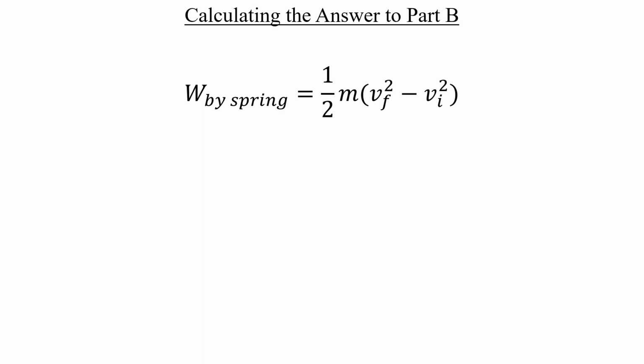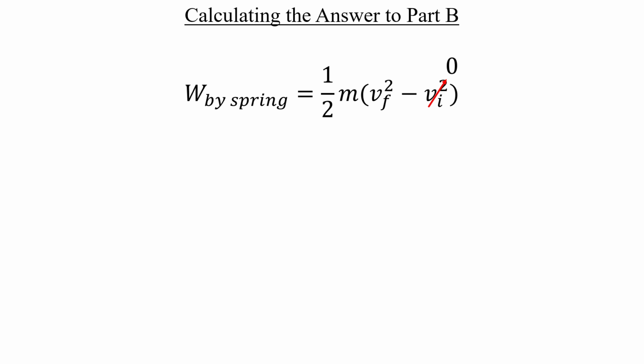We'll use the work energy theorem here to equate the work done by the spring to the kinetic energy of the ball. We can eliminate the initial velocity variable right away, since the ball is just sitting there motionless before we launch it.